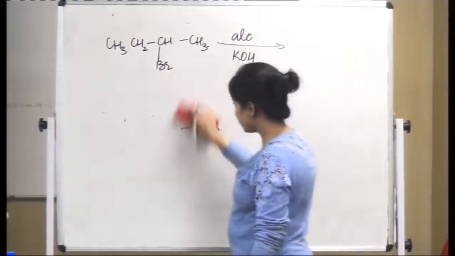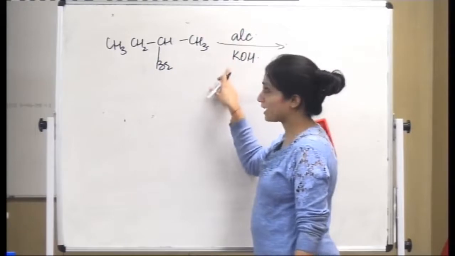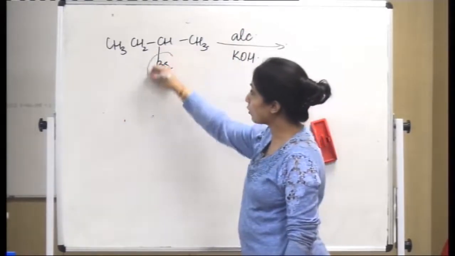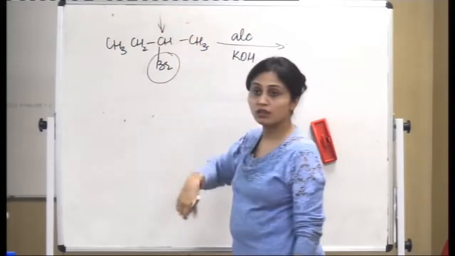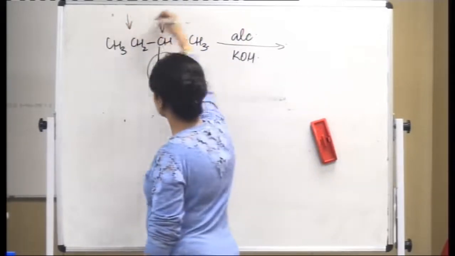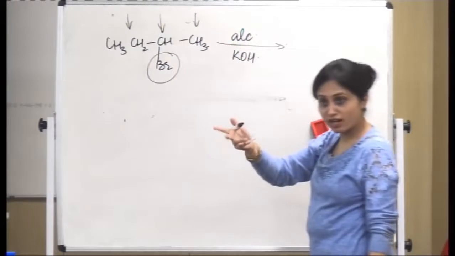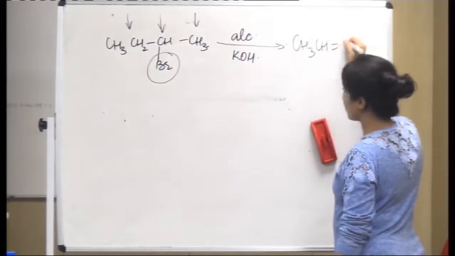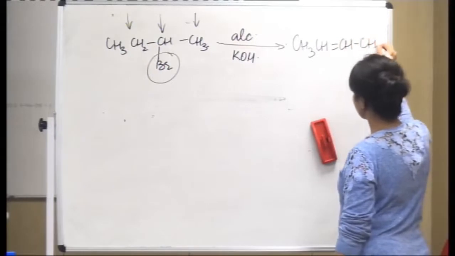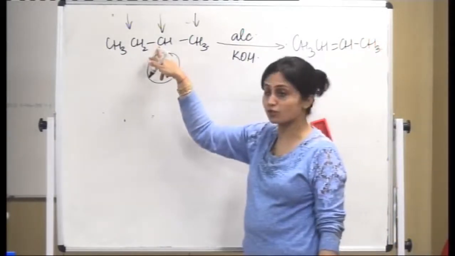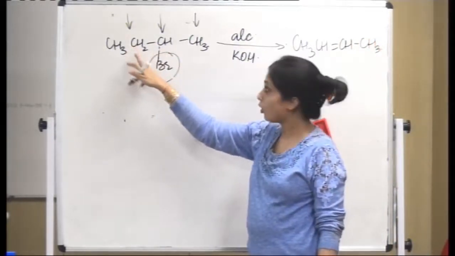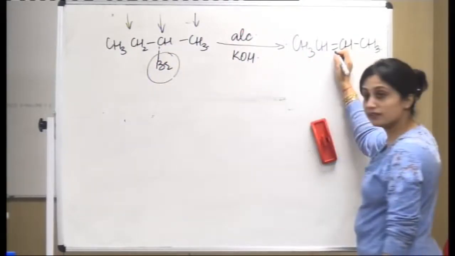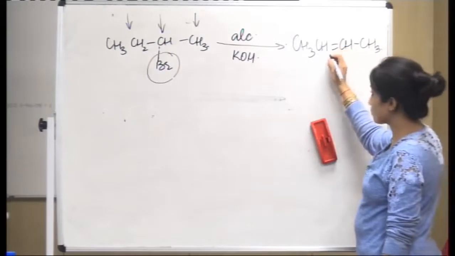But now here, when we add alcoholic KOH, bromine will leave from this carbon atom, but the hydrogen can leave from either this or this. So let's write both the possibilities. We can have CH3, CH double bond CH, CH3. Bromine left from this carbon, H left from here, and now we have to balance the valency, otherwise it will be 3, so we get a double bond here. So this is one of the alkenes.